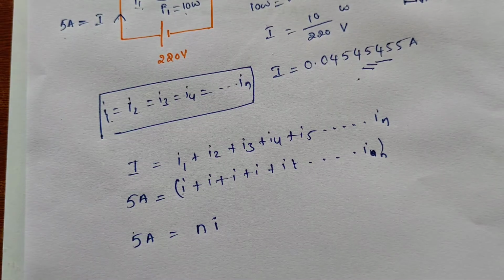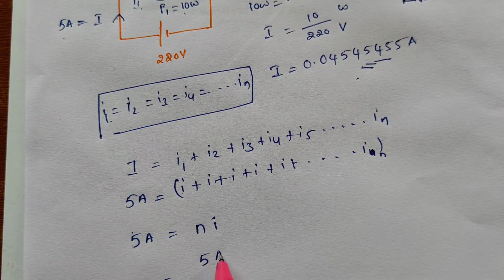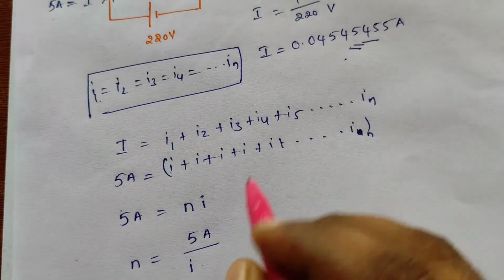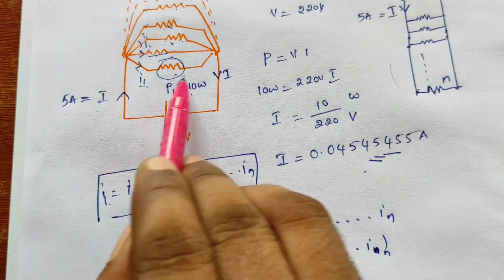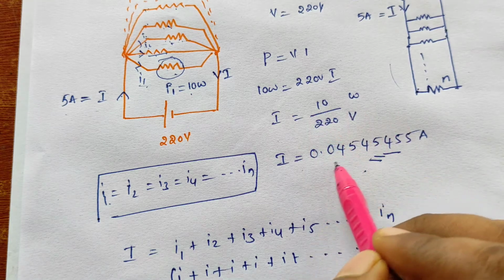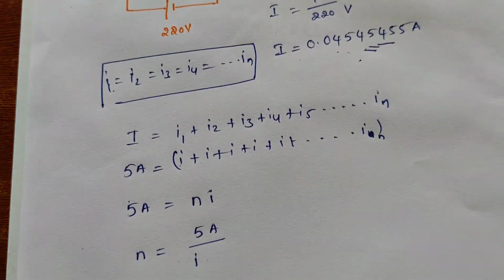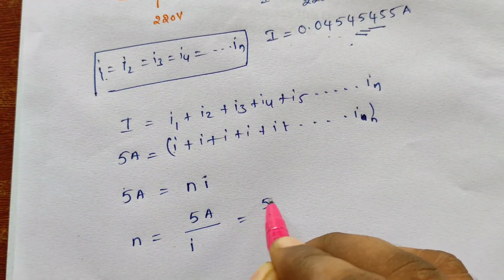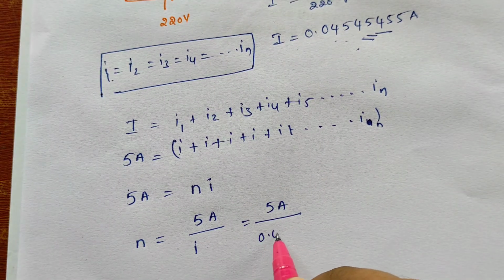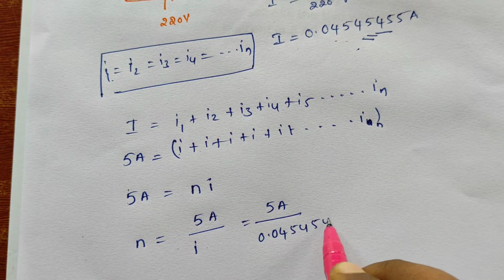So what is n? We need to find n. N is equal to 5 amperes divided by I. What is I here, for each resistor? We found that one: 0.04545455. So 5 amperes divided by 0.04545455.